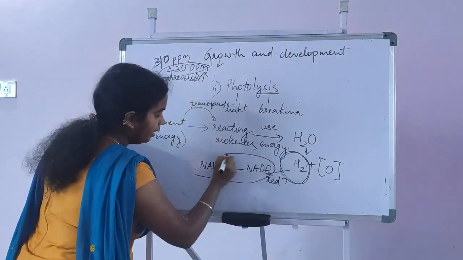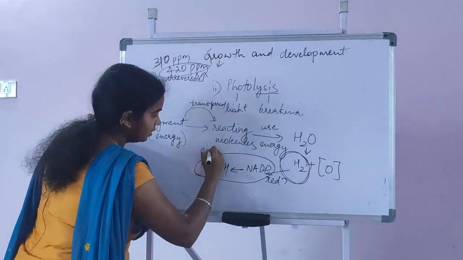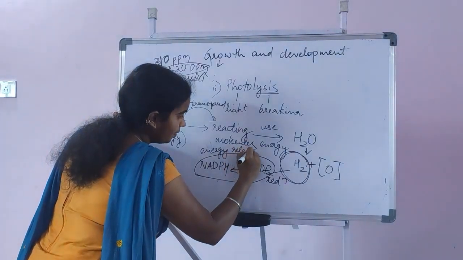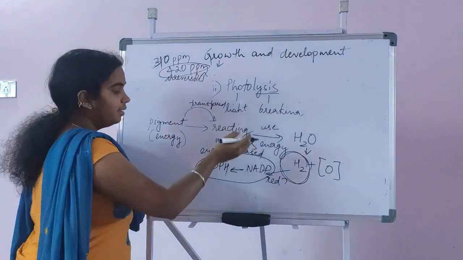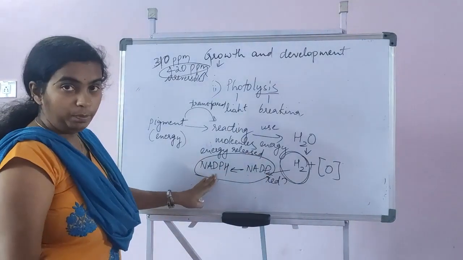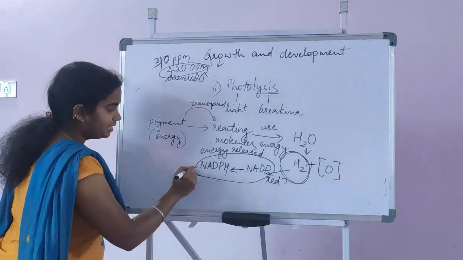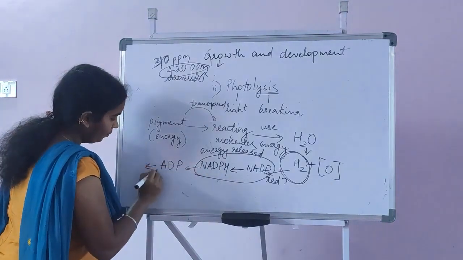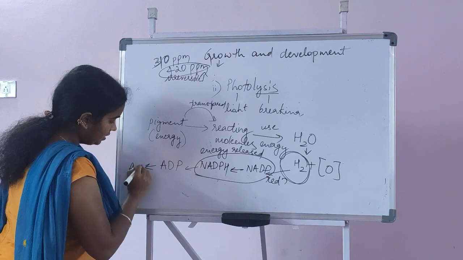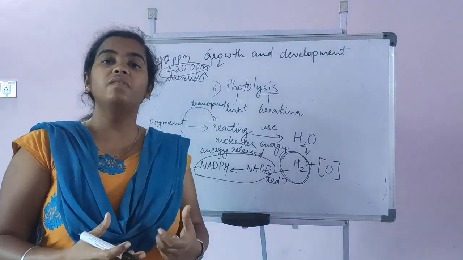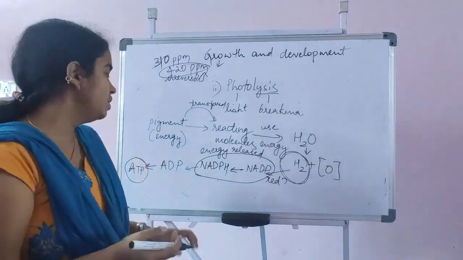Here again energy is released. This energy is again used in the conversion of ADP to ATP, which is the ultimate energy-giving molecule in photosynthesis.